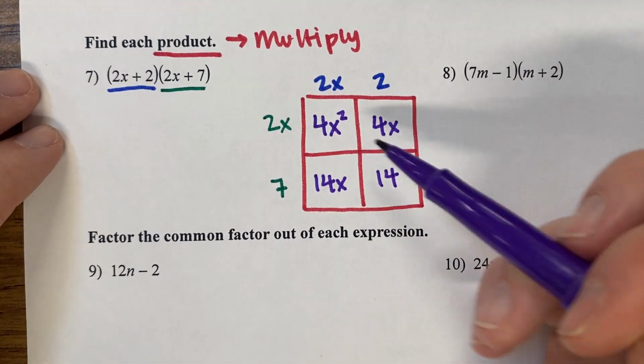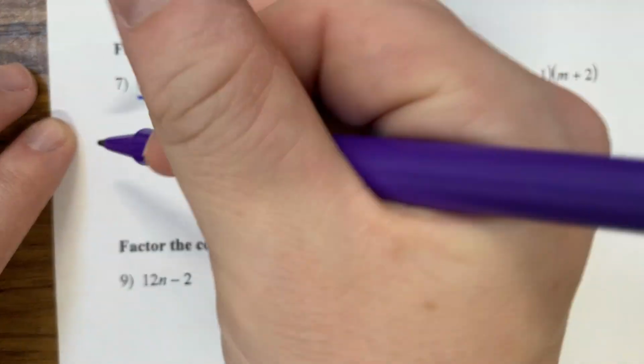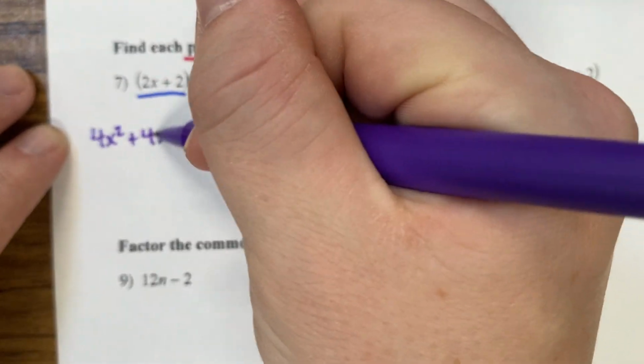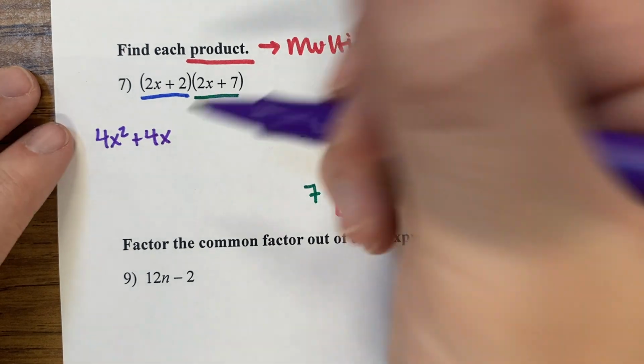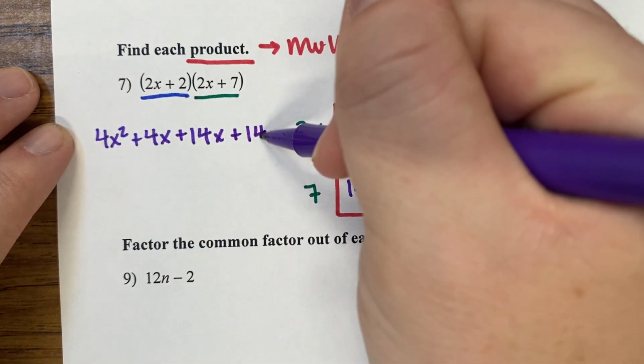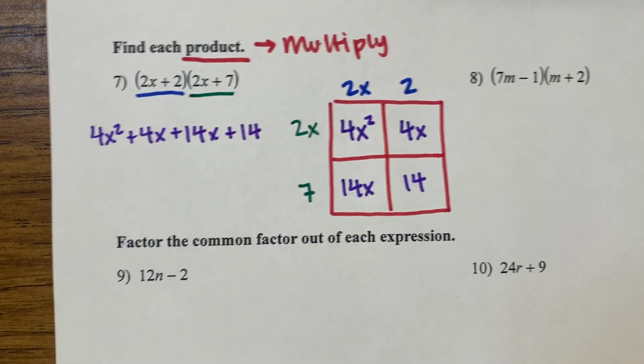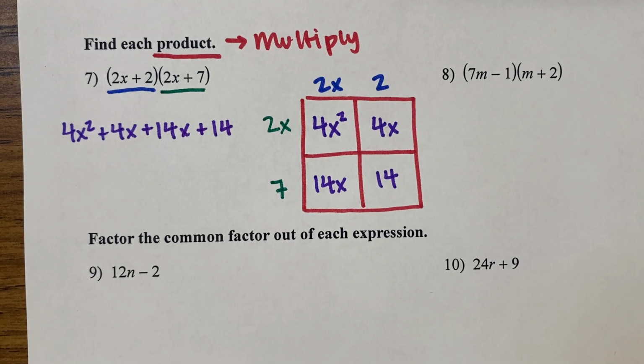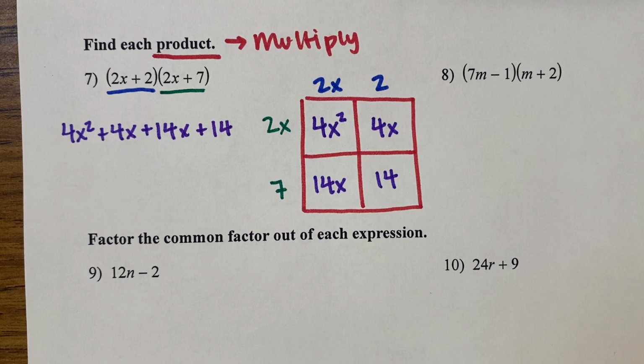Now that we have all 4 of our boxes filled in, we can just rewrite it over here. 4x squared plus 4x, so I'm rewriting it in the order that I solved it, plus 14x plus 14. Okay, now we're not completely simplified because we have some like terms that we need to combine.